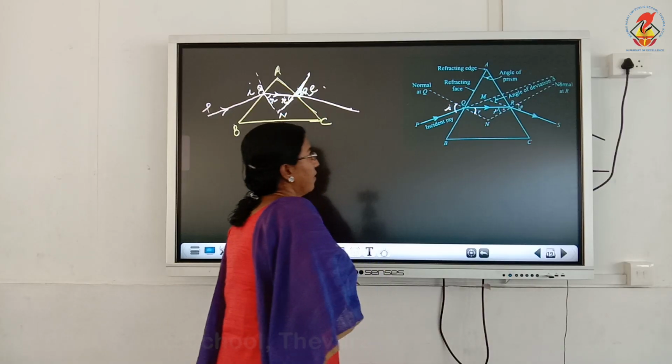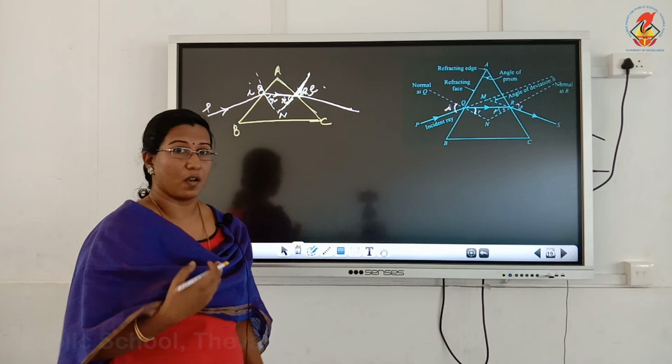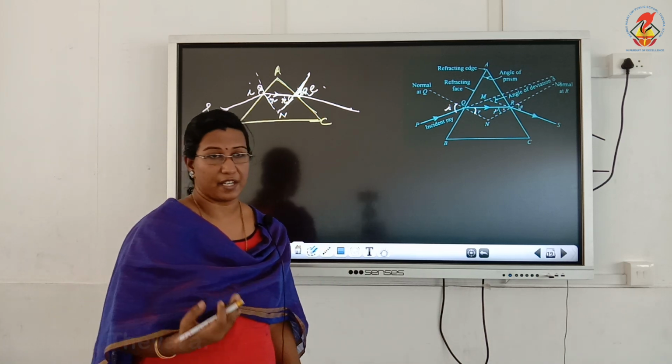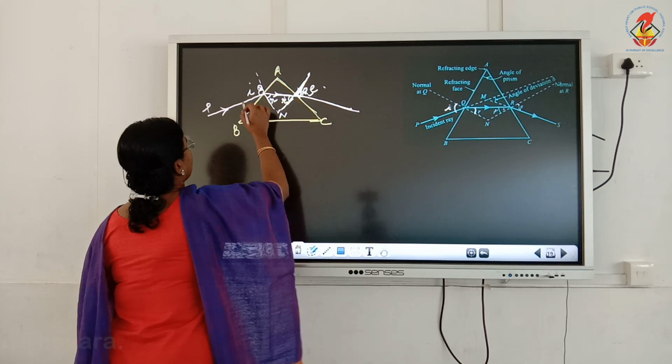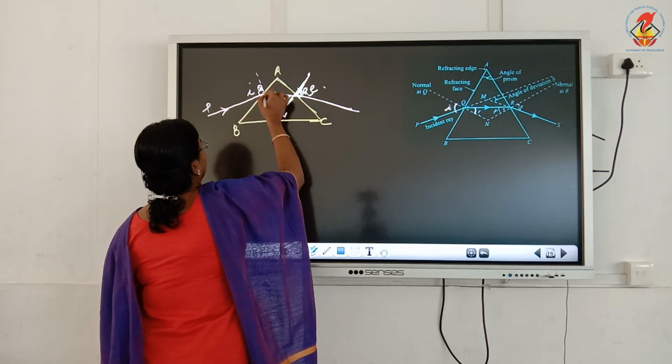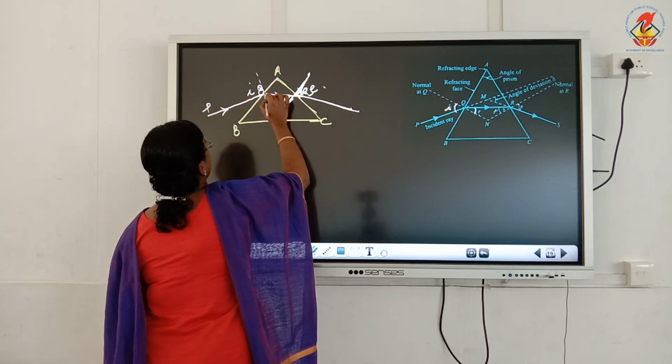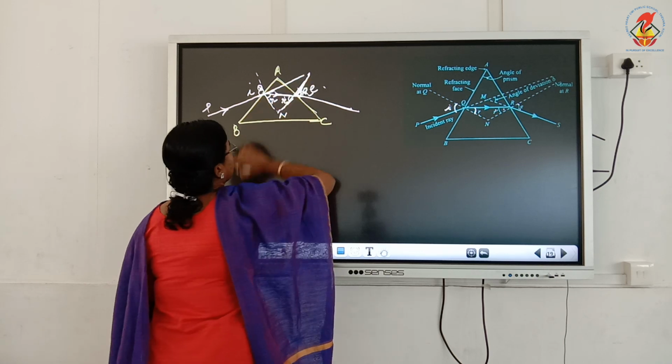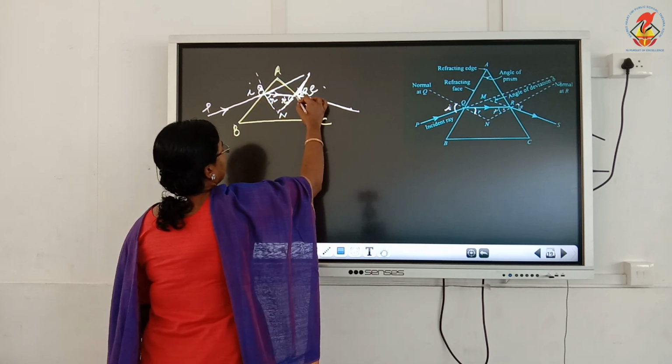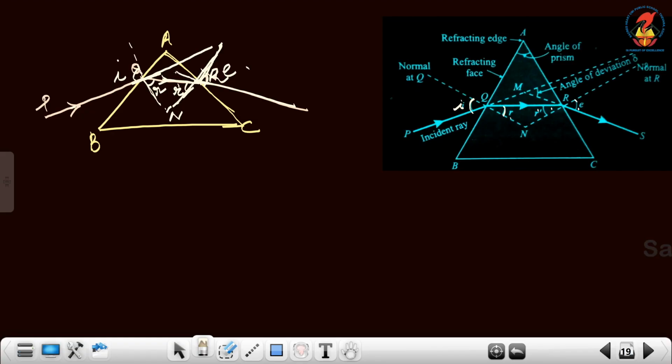Now next we are also going to find out the angle of deviation. For that, if the ray was not refracted, it would travel in a straight path. Similarly, the emergent ray without any deviation would travel in a straight path, and these two lines meet at a point, and this angle is the angle of deviation denoted by the letter delta.